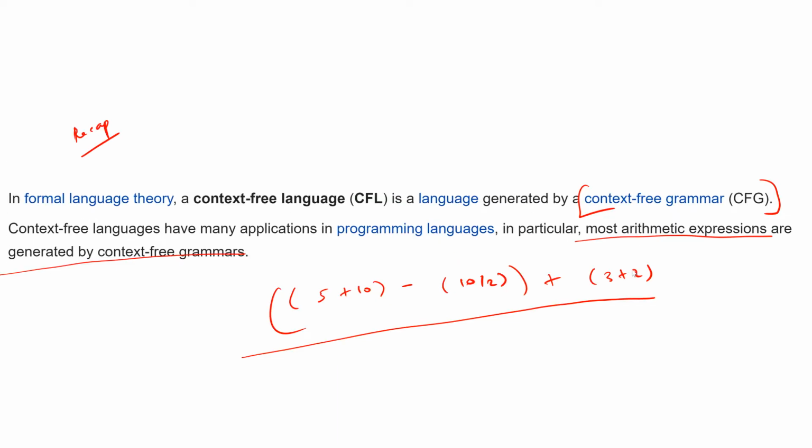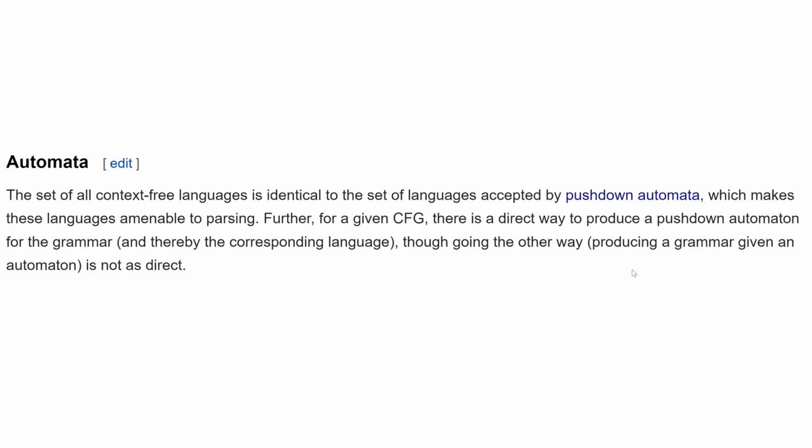Earlier I said a context-free language is anything that is accepted by a context-free grammar. Now, what is a context-free grammar? When I asked you what is a regular language, you answered that if a DFA exists for L, then that L is regular.